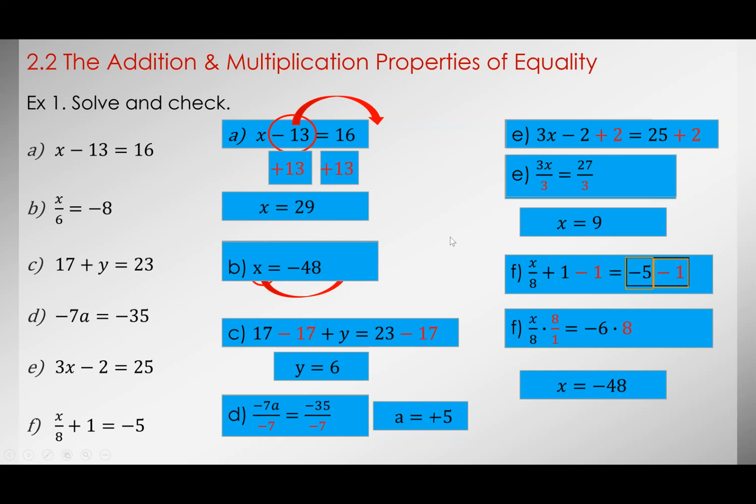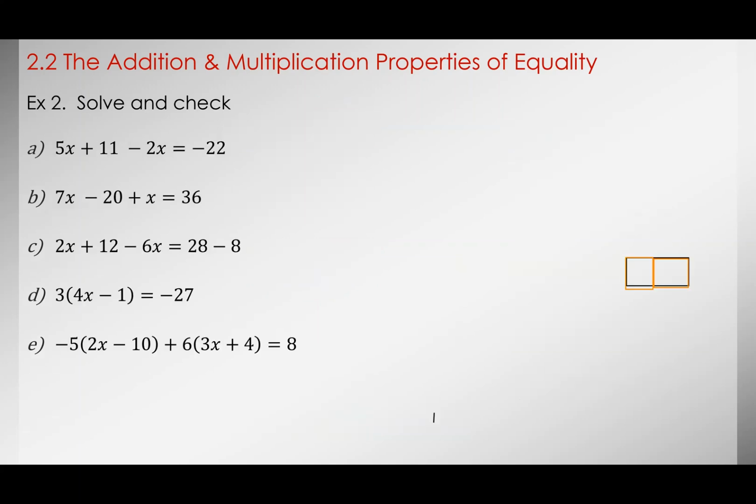If you don't have a question, let's increase the difficulty a little bit. They will add on, in 2.3, and give you something in this nature. Looking at item A, we have 5x plus 11 minus 2x equal to 22.